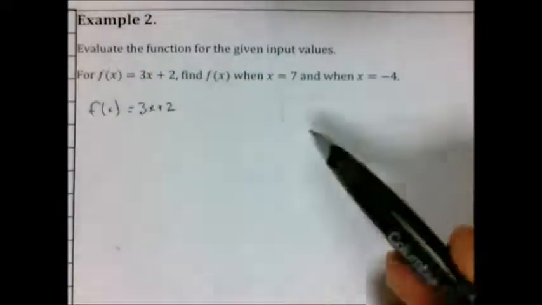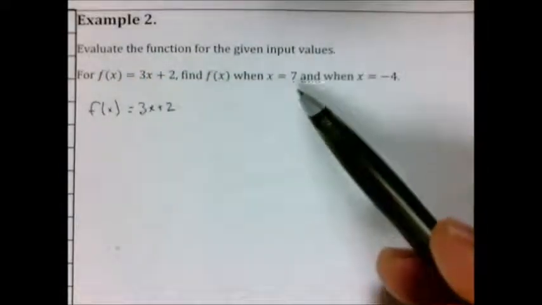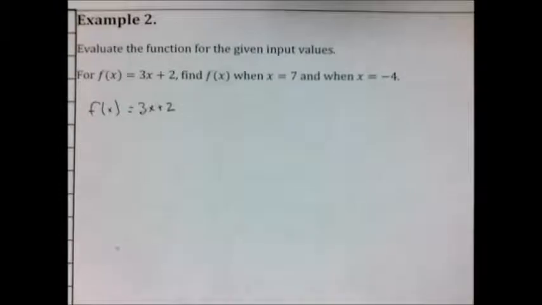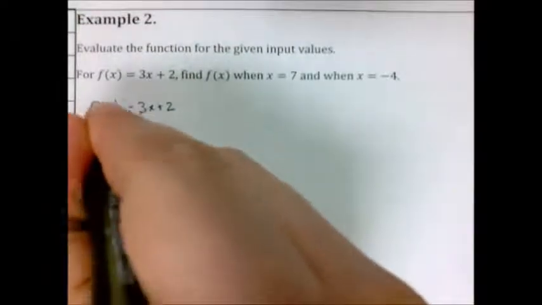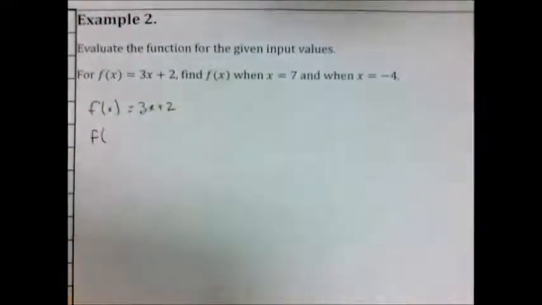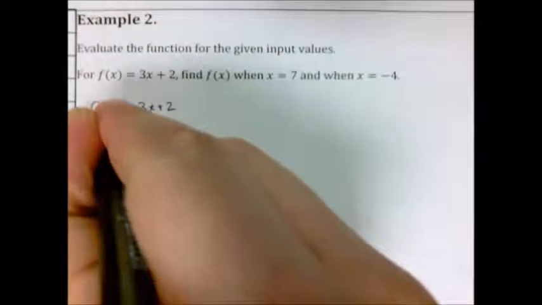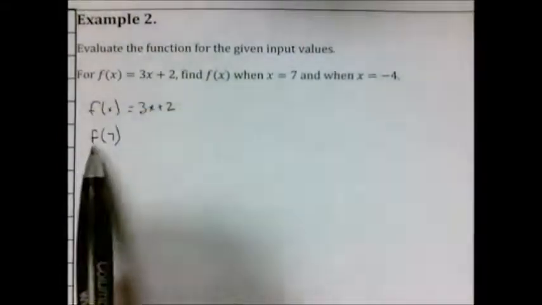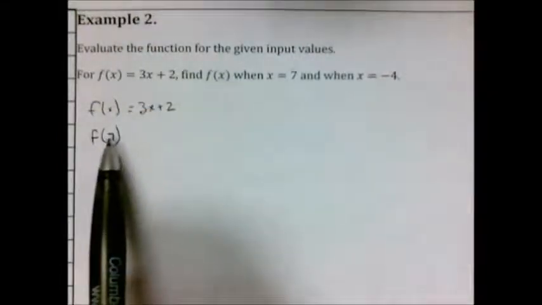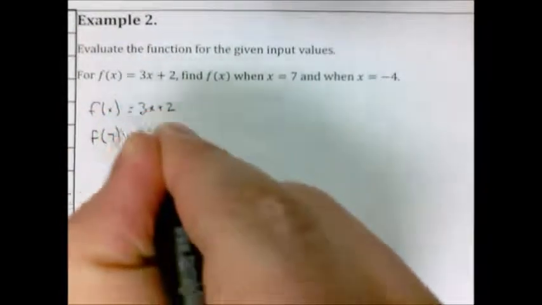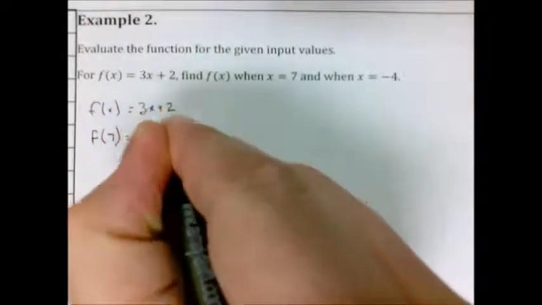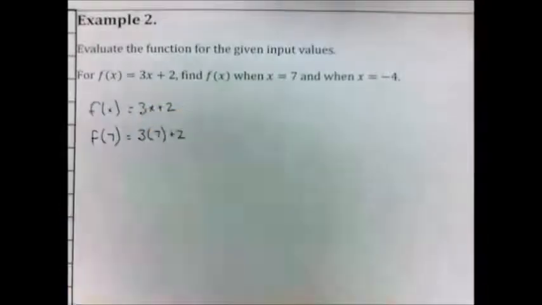And we have to determine what is f of x when x is equal to 7. So this is much like solving an equation using order of operations, but this is how it looks for using a function. So instead of this x in the function notation, we're going to use 7. So what that means is the function evaluated at 7 is equal to 3, and instead of x, we're going to substitute that 7 in there, plus 2.